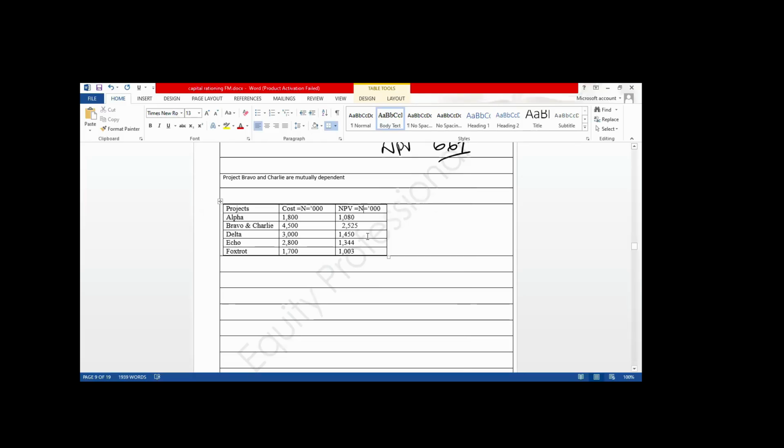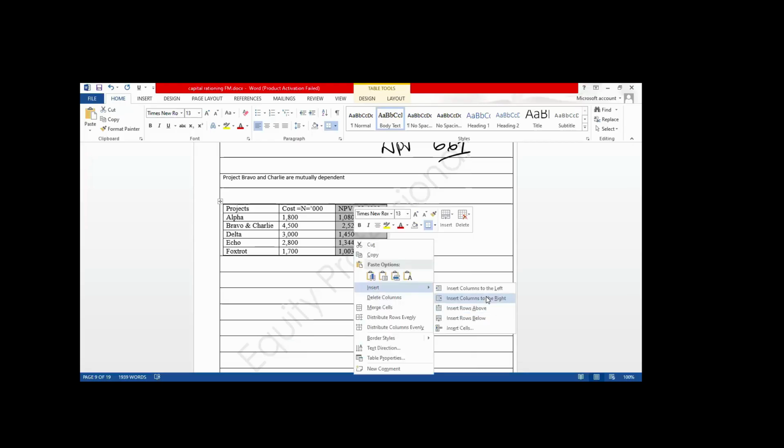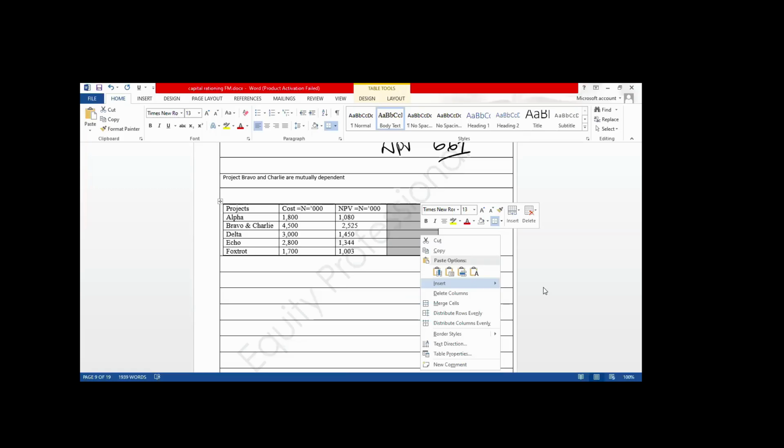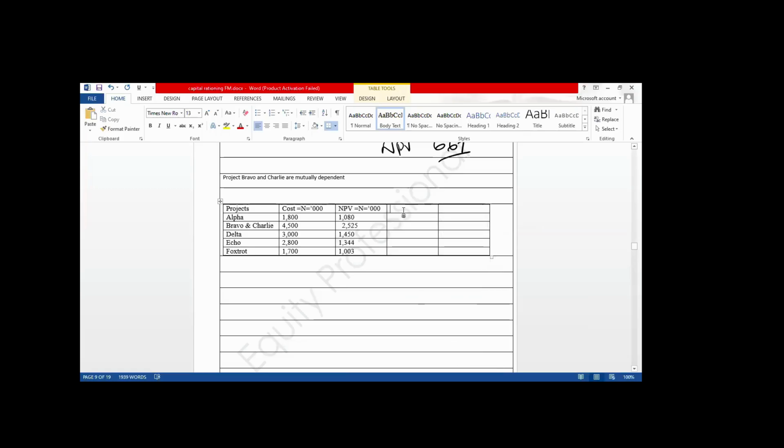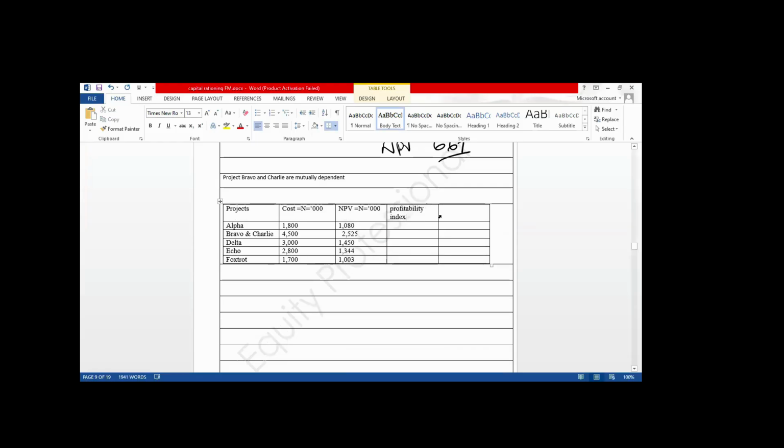Now create two more columns to the right. Here, your profitability index, your ranking.